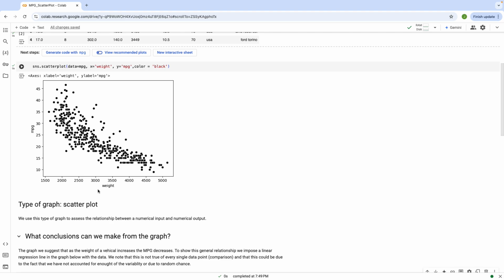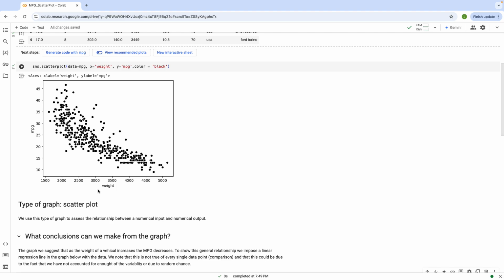This is something that we're going to study later in the course, and that's called linear regression. Linear regression is going to help us to assess by how much weight affects miles per gallon, and will be our main tool in this instance.